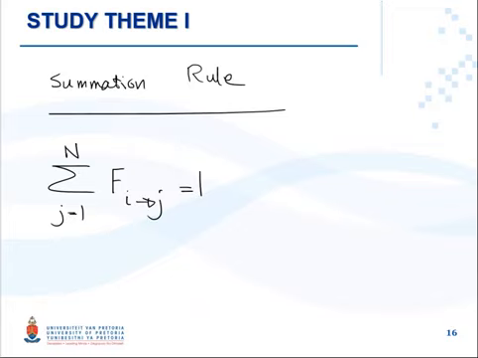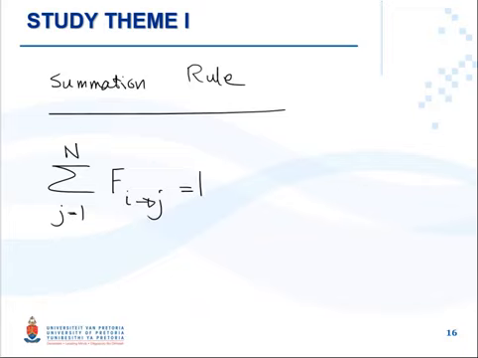We will speak about it later when we talk about the enclosure with n surfaces, but for now just accept that the summation rule is saying that all the view factors from one surface to other surfaces, if we add them, will be equal to 1.